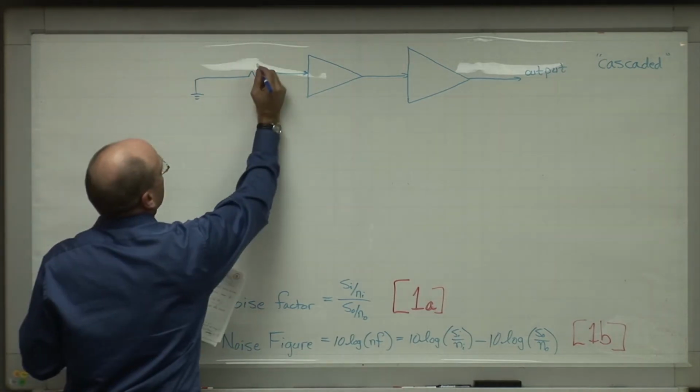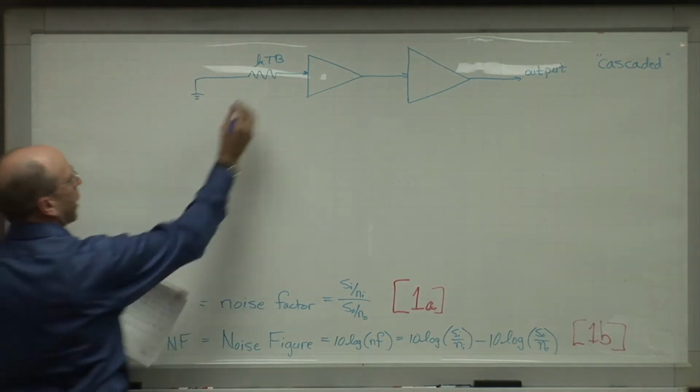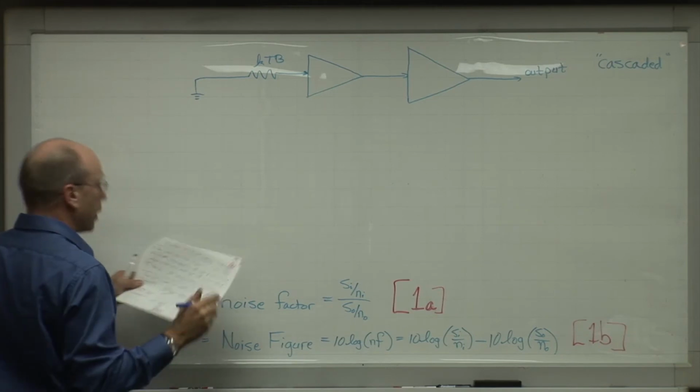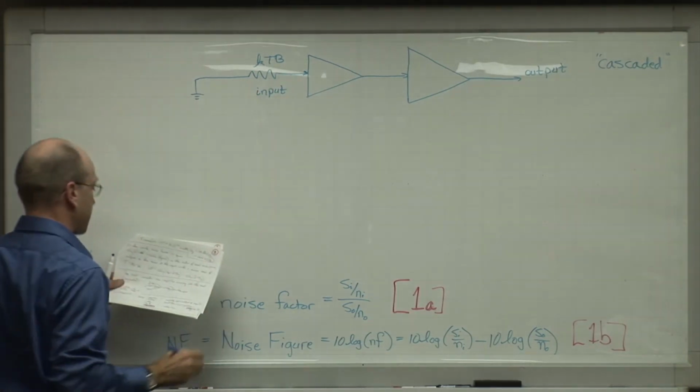And so, here, at the input to the first amplifier, we've got a circuit at a temperature T, probably room temperature, kTB is what it's producing. And this is at the input to the whole system.